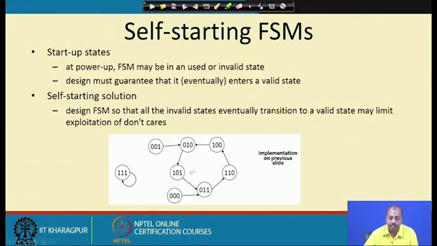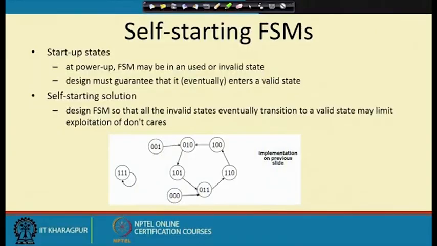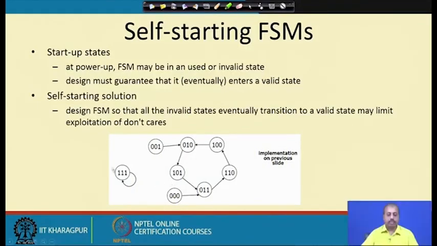So, it is restricted, but it is not arbitrary like in the previous example that we have seen. There, if you start at some invalid state, the next state is not known, but in this case it is completely specified. So, this self-starting FSM will either keep you in this cycle, or it will take you to one of these 5 states after some time.